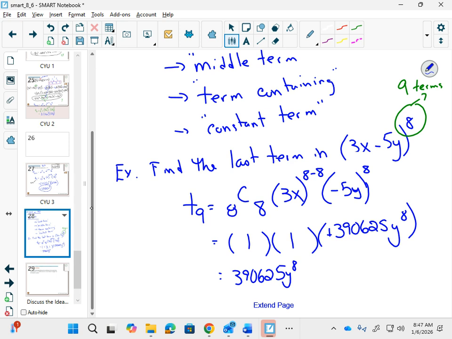Now, you could also have thought about Pascal's triangle, expanded all the way through. If you were finding the last term, does it make sense that in the last term from Pascal's triangle there would have been a 1? And then you would have just the second one 8 times. That should make sense using Pascal's triangle as well.